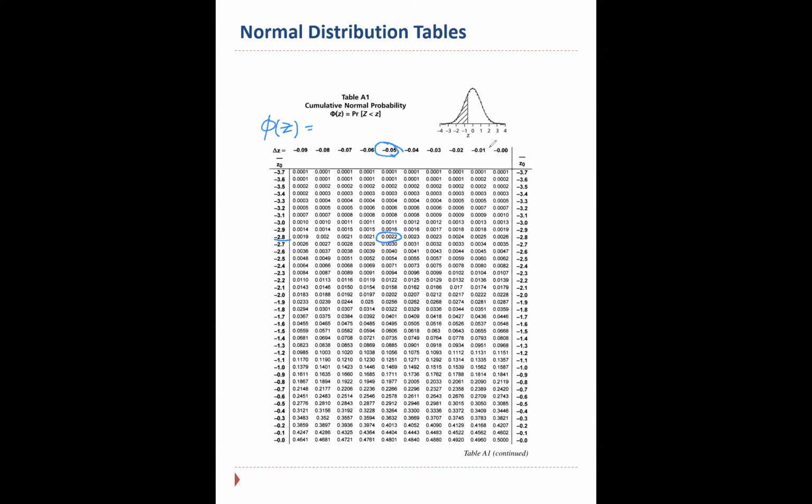The z value is up to 2 decimal places, it is 2.8, and the delta z value will add, so minus 0.05. So it means the value we are reading is at minus 2.85. This is the z value.